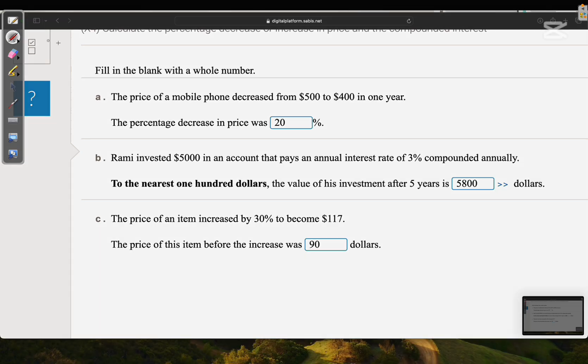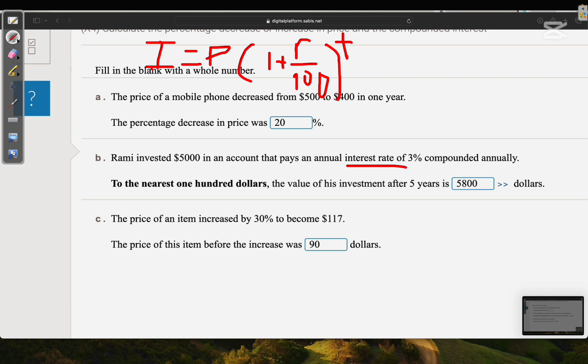Okay, so for part B, the rule is that the investment I is equal to the initial, which I'll represent with P, times 1 plus R over 100, where R is the interest rate, to the power of the number of years, which I'll represent as T or time.